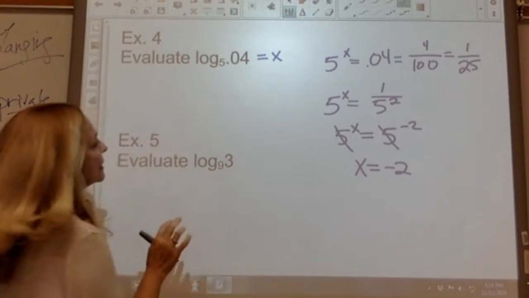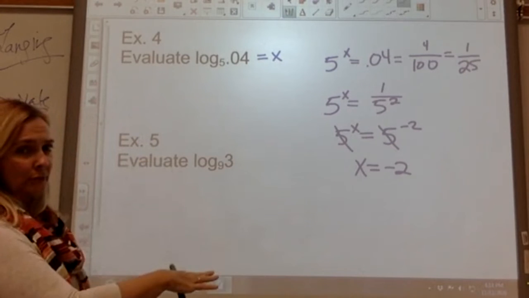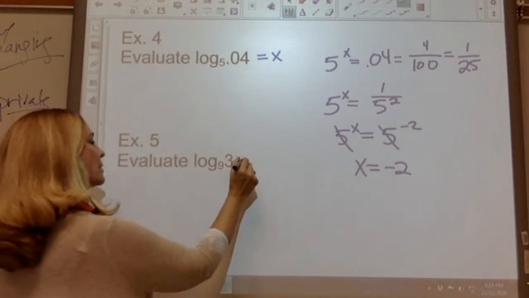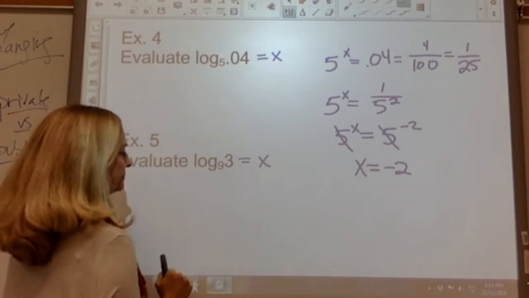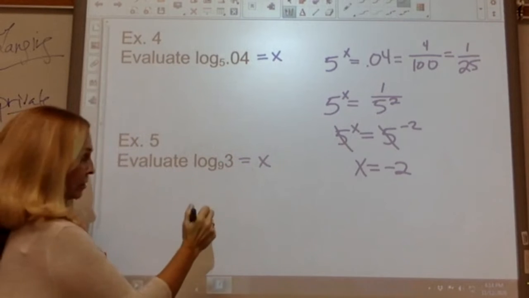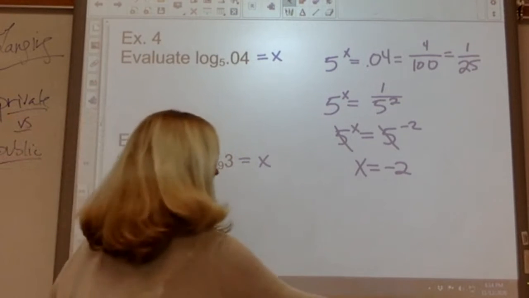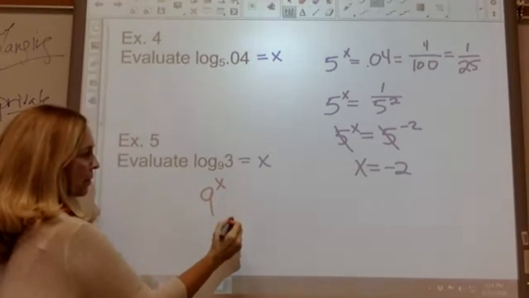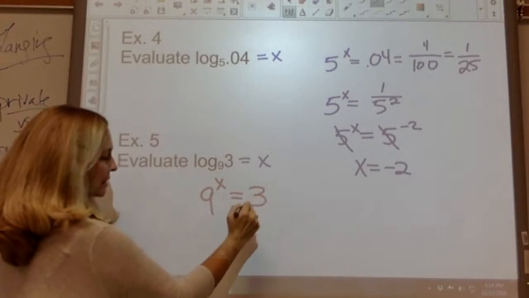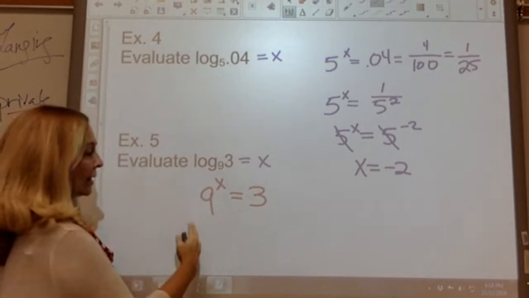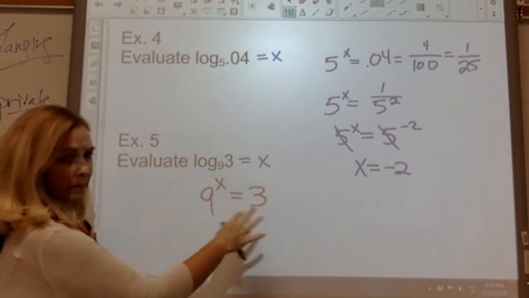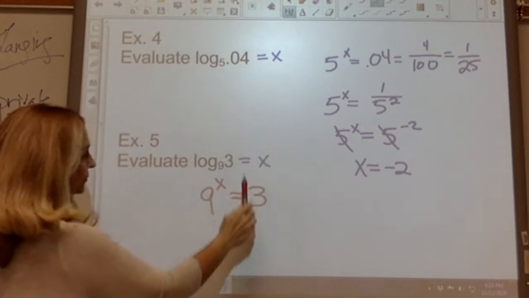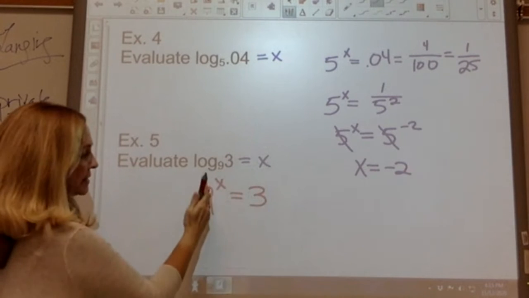All right. I'm going to work this one, and then I'll show you how to use the button in the calculator. Okay? So this one, we set this equal to x, and I'm going to rewrite it in exponential form. So I'm going to have 9 to the x power equals 3. Now, I would like both of these to have the same base on both sides. Normally, like a while ago, I was trying to change this side, and I left this side the same.